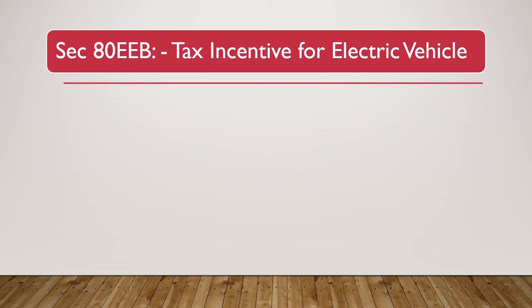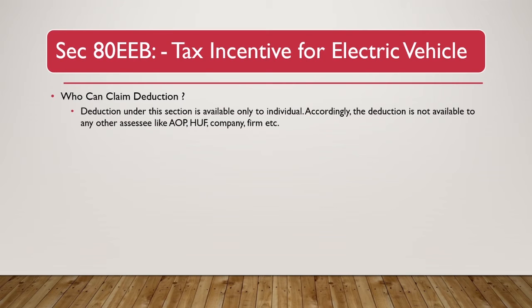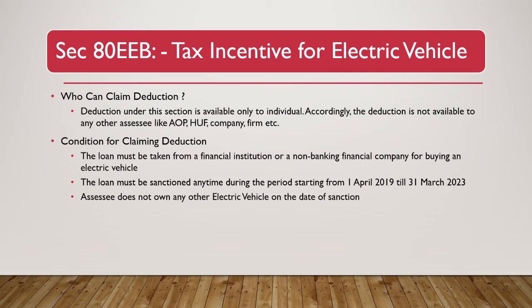So friends, we have to understand who can claim this deduction. Individual SSC only can claim this deduction. No other SSC can claim this deduction, provided such SSC is taking a loan from a financial institution or non-banking company between 1st April 2019 and 31st March 2023, and at the time of sanctioning of the loan, SSC is not owning any other electric vehicle.